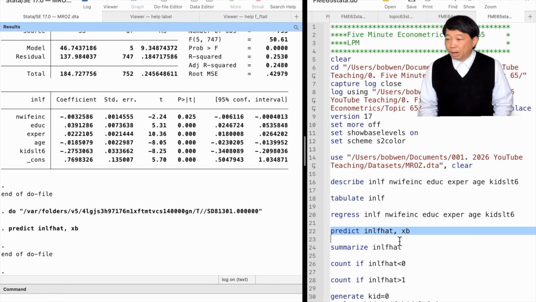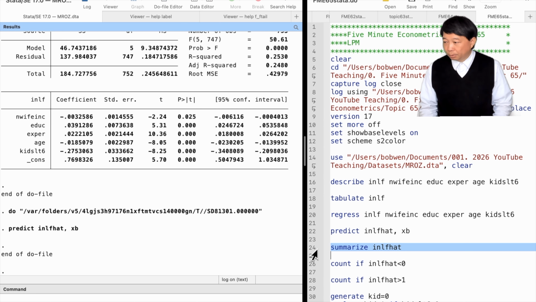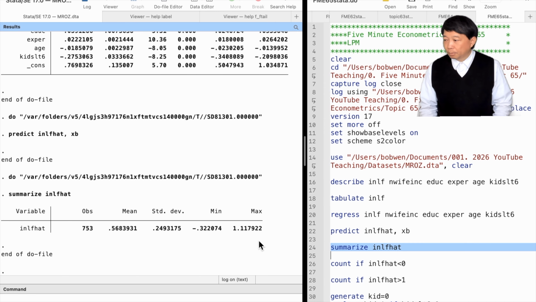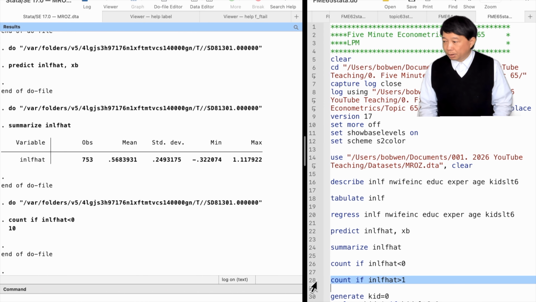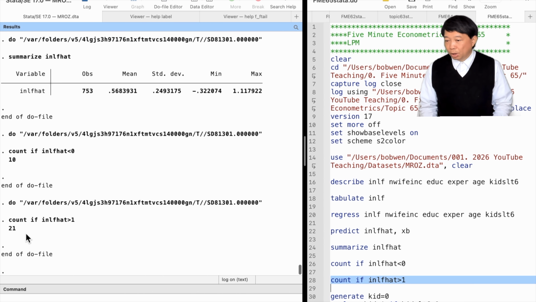We use the summarize command to find the information about the predicted values. The minimum value is below 0 and the maximum value is above 1. The count command shows that 10 predicted probabilities are less than 0, and 21 predicted probabilities are greater than 1. These predicted values are not good fits for the probability.